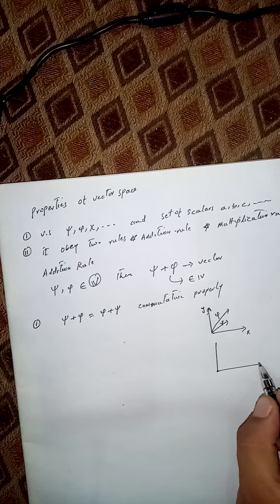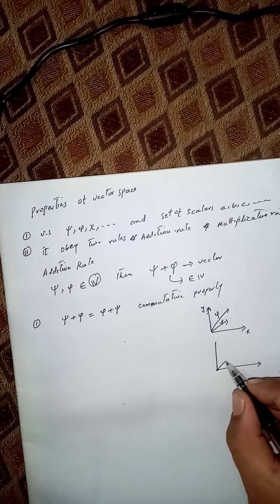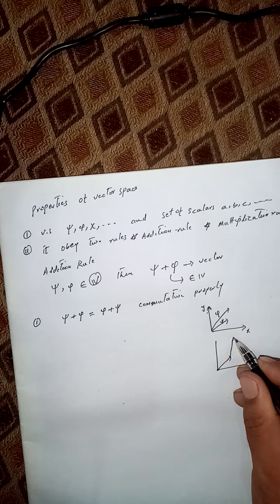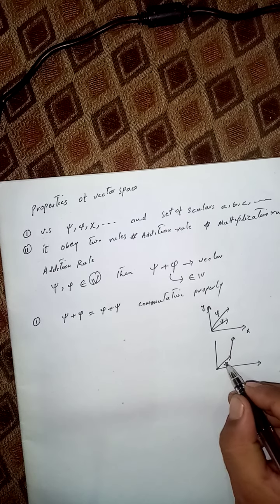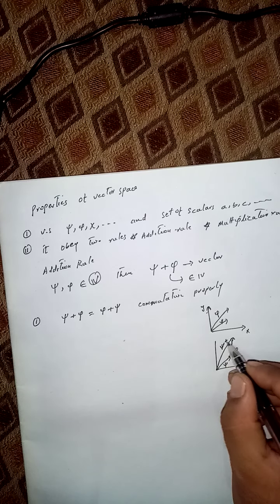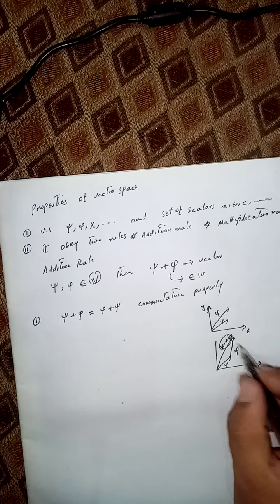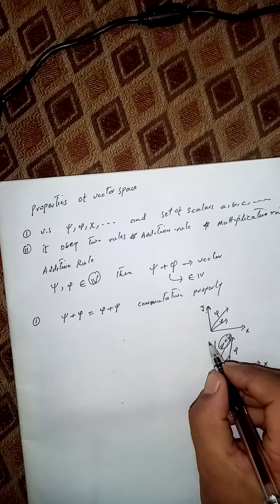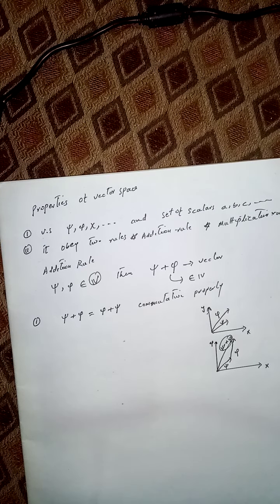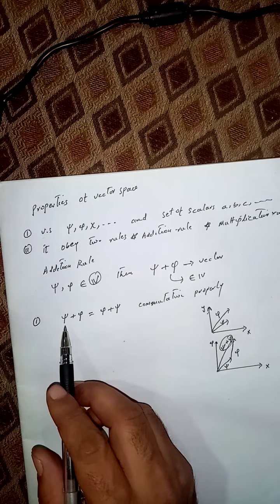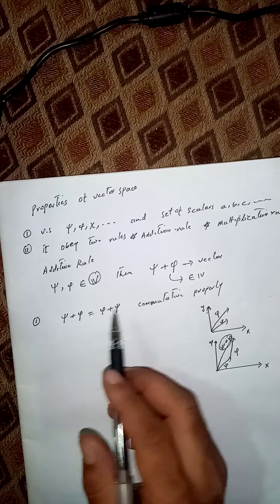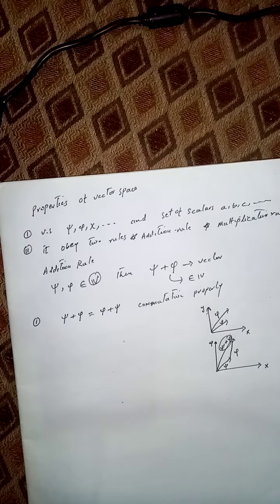Then the sum is psi plus phi, which also belongs to the same vector space, such that if we add psi with phi, or phi with psi, the result doesn't change. This is called the commutative property.